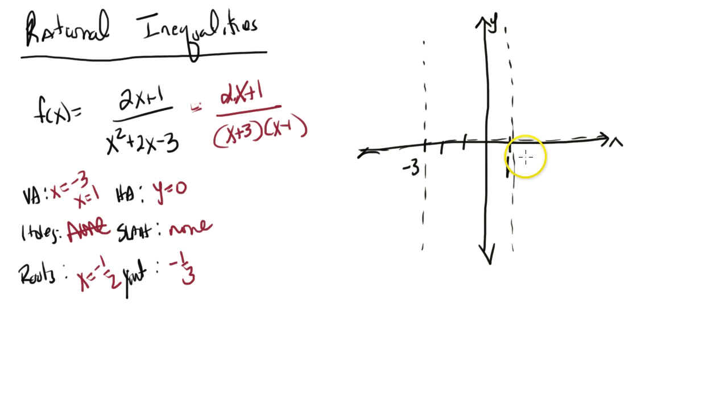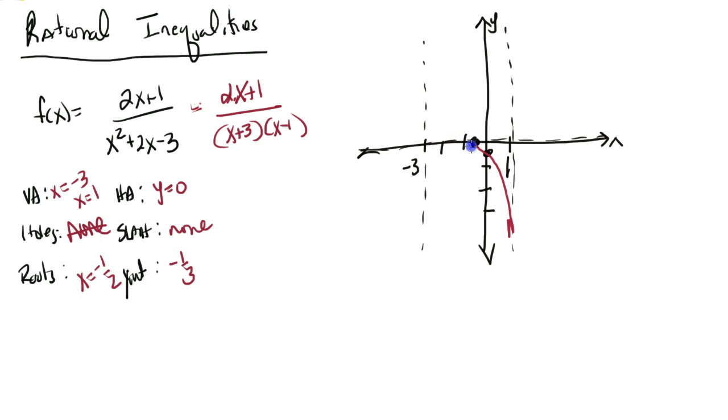And what else do we have here? We have a root at negative 1/2, and the y-intercept is negative 1/3, so it's like this. So hopefully you can see what it wants to do. It wants to go like this.